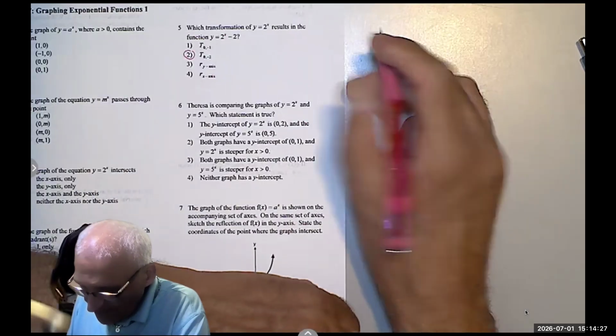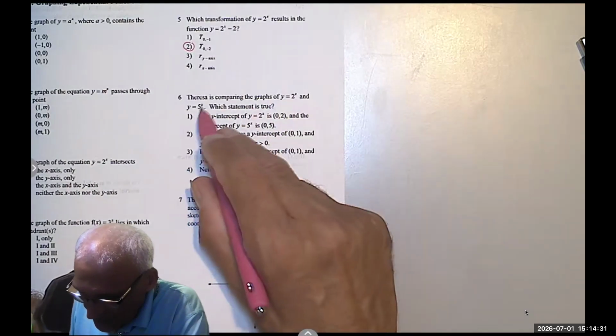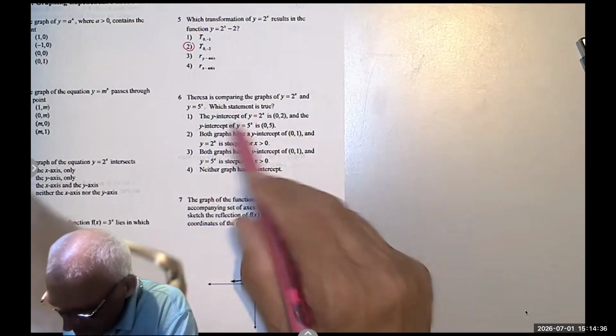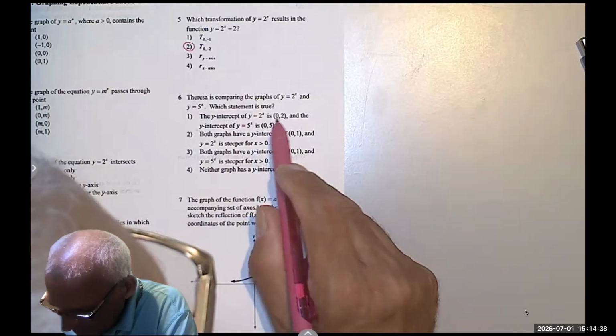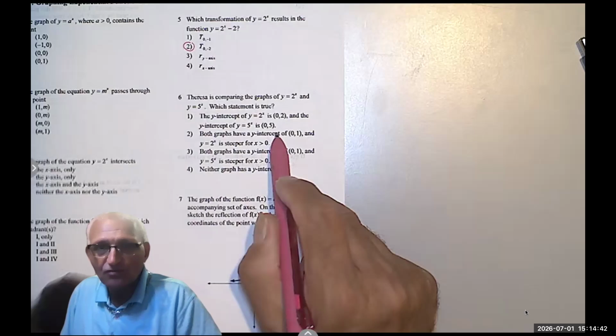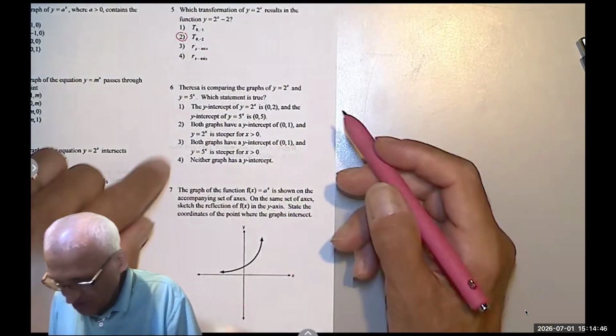Teresa is comparing the graphs of y equals 2 to the x and y equals 5 to the x. Which statement is true? The y-intercept of 2 to the x is 0 and 2, and the y-intercept of 5 to the x is 0 and 5. No, both of them will have a y-intercept of 0 and 1, as we mentioned.